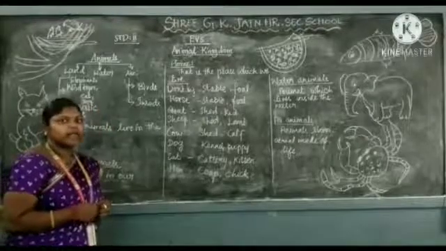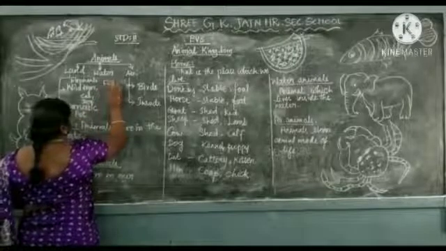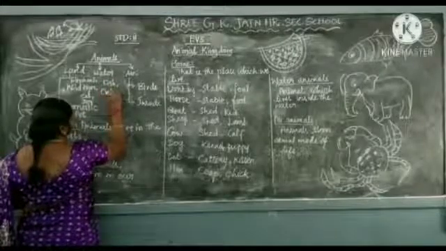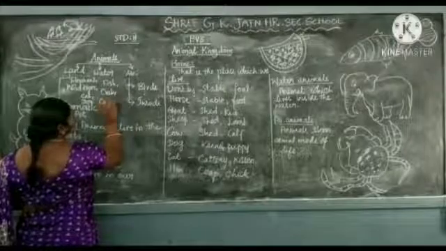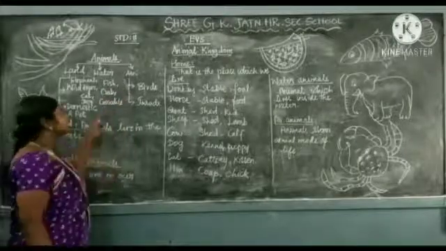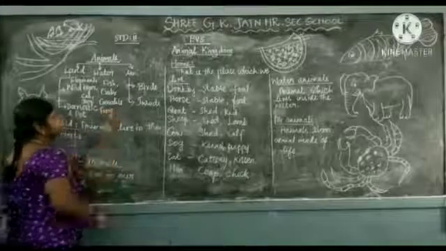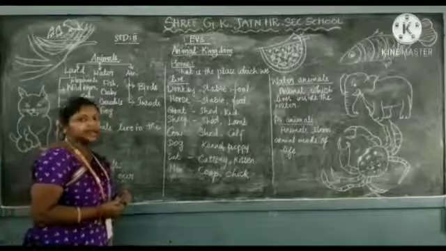Examples for water animals are fish, crab, crocodile, and frog. These are the examples of water animal.